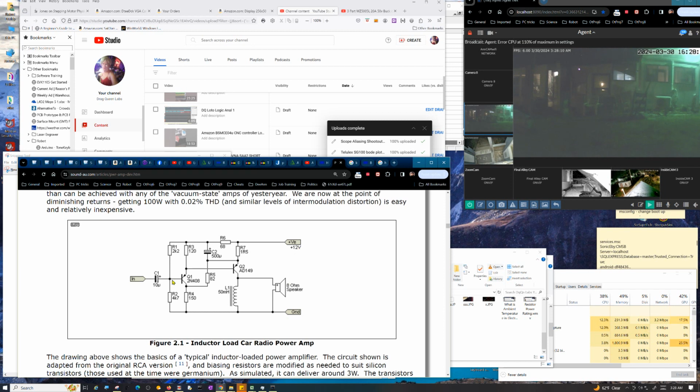Because of that, he says 12 volts, so basically he's expecting this to be somewhere around 8 volts or so. So his input, I guess he's assuming, is going to be less than that, so that there's always a DC bias voltage on it.